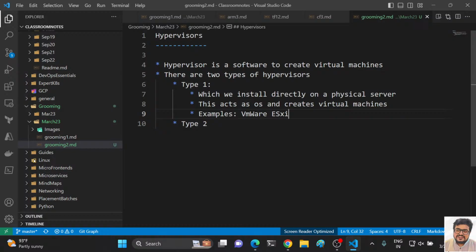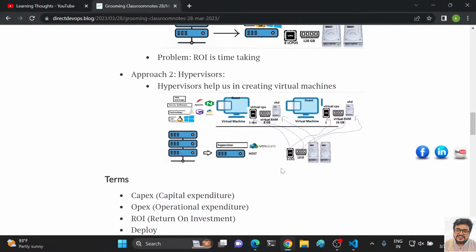You go to any organization and see what they are running on the servers, they will have VMware ESXi. But since ESXi is installed on each server, if you have 500 servers, you are doing 500 ESXi installations.